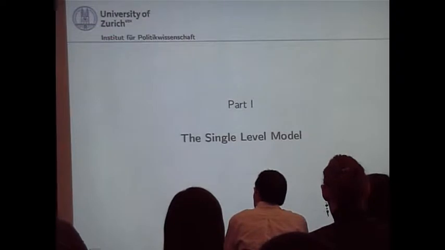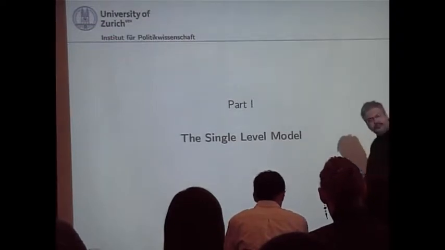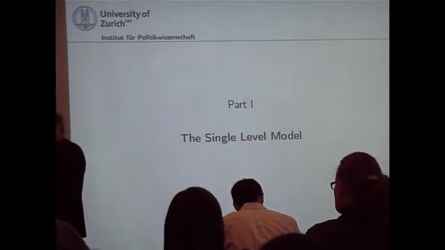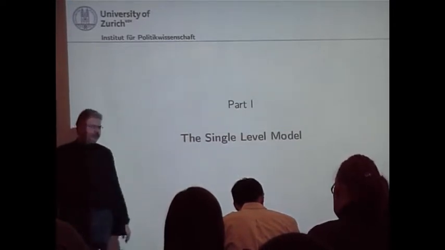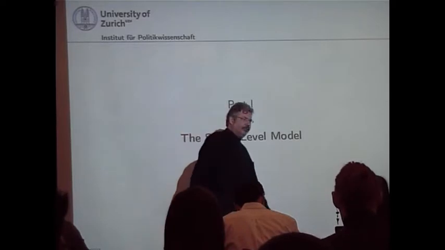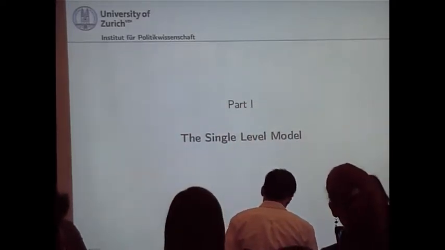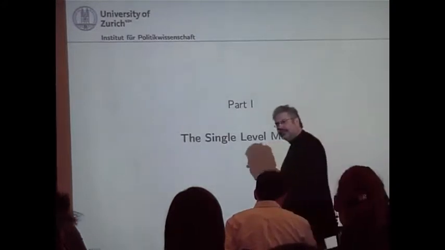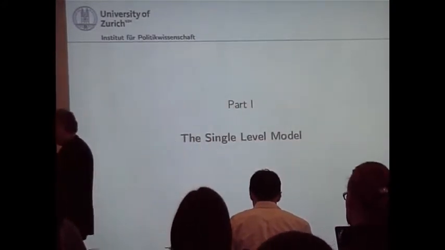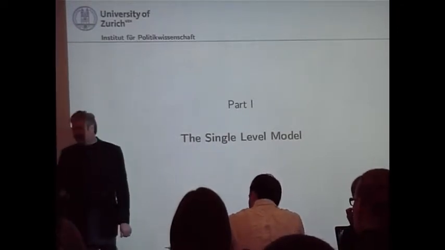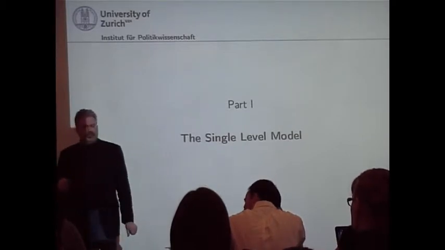Basically what this means is the following. Imagine that we live in a three-party world. There are two big parties and a small party, and I look at the ratio of the probabilities of voting for the first big party and voting for the second big party.